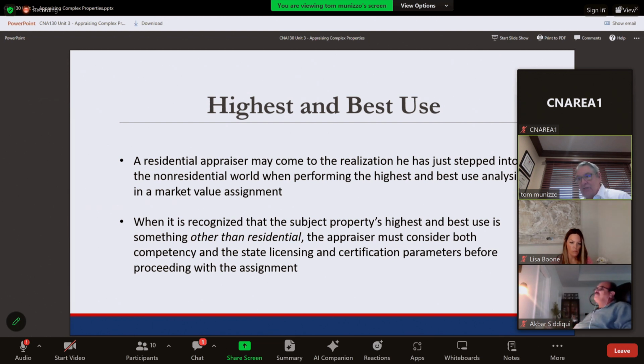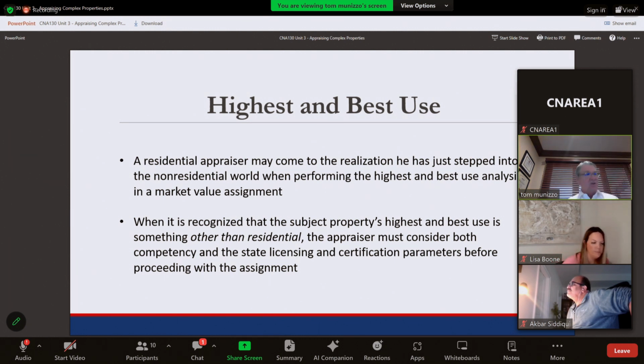So like here, this first bullet point, a residential appraiser may come into realization he or she has just stepped into the non-residential world. So just to give you the difference between our two fine nations, in the states, you have to be licensed by a state, and there is a state licensed category.